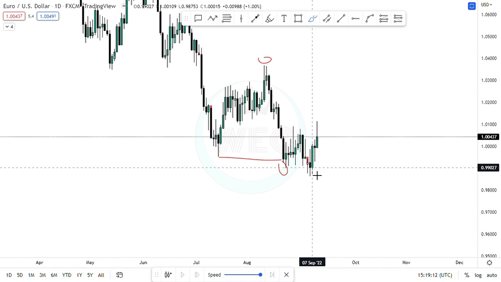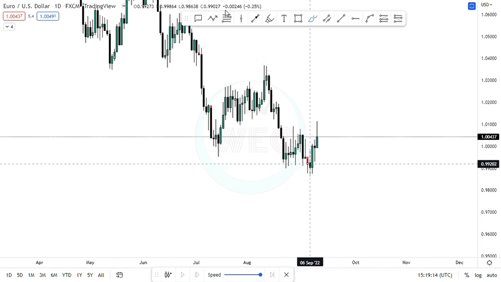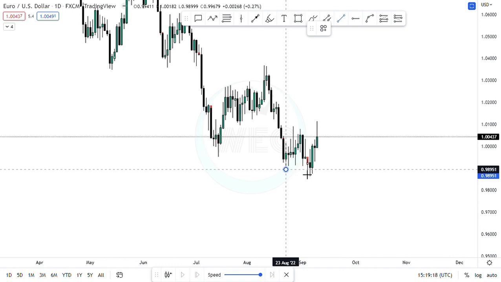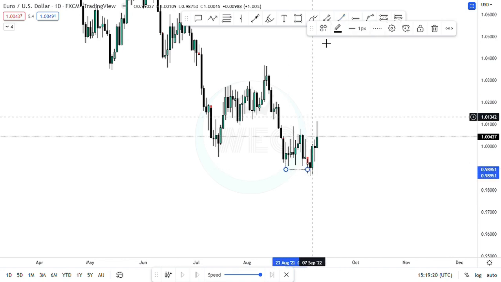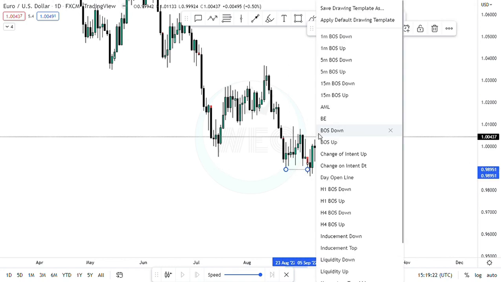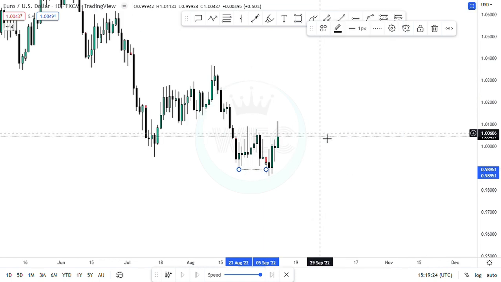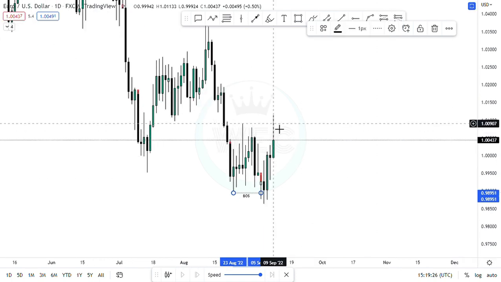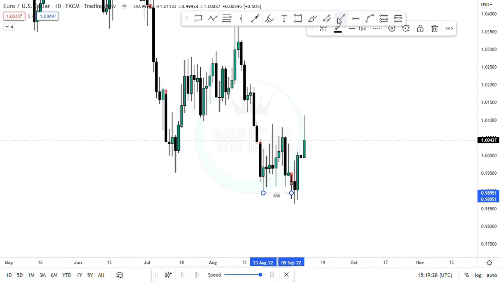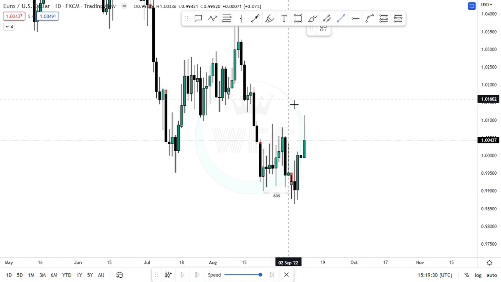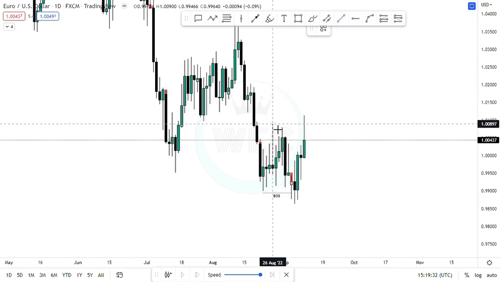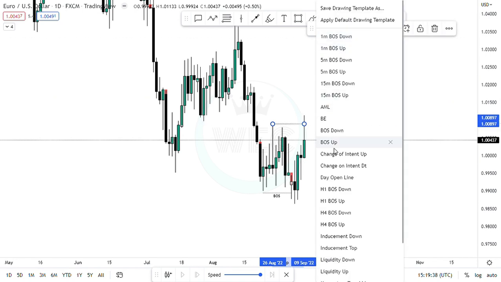So this is a daily break of structure to the downside. I know a lot of you, or most of you, don't consider wick break of structures, but I do. So I see this also as a daily break of structure to the upside. Okay, so daily we are bullish.